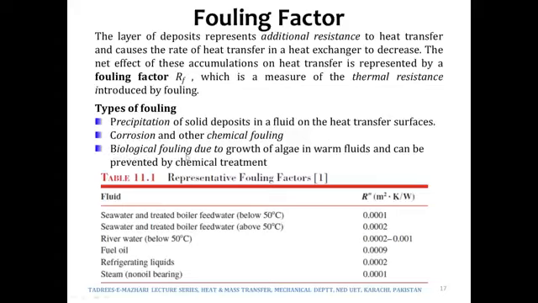There may also be biological fouling due to the growth of algae in warm fluids, and that must be prevented, of course. Any type of fouling is undesirable because it results in an additional layer, and that additional layer will reduce the heat transfer rate between the hot and the cold fluids.